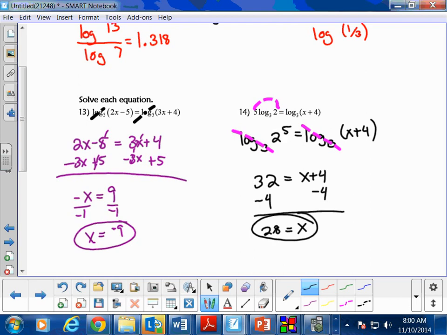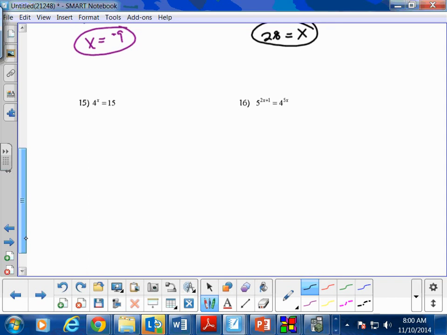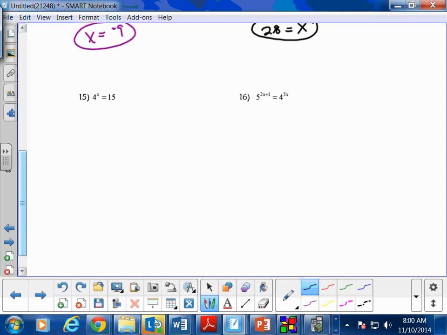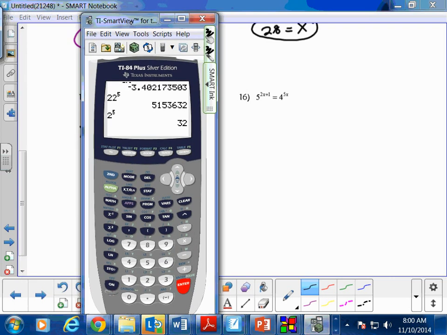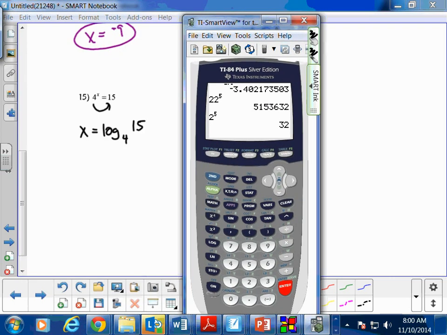Okay, let's move on to the next question. This one is important to make into a logarithmic function. When we take the log, we get x is equal to log base 4 of 15. From there, you could use your calculator with the change of base formula to find out what x is.